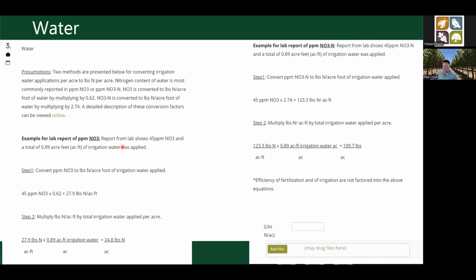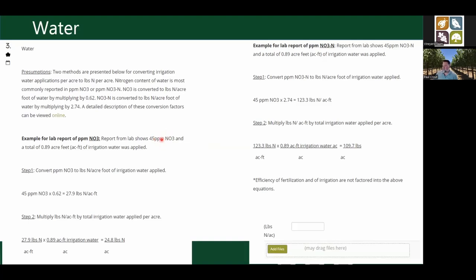They are reported as NO3, which is nitrate, or NO3-N, so nitrate nitrogen. The multipliers and all of that are going to be completely different. So it's very, very important for you to note which element or which value of nitrogen the lab is reporting.